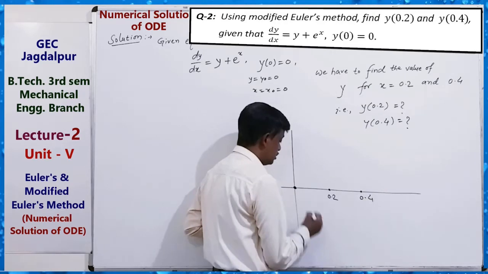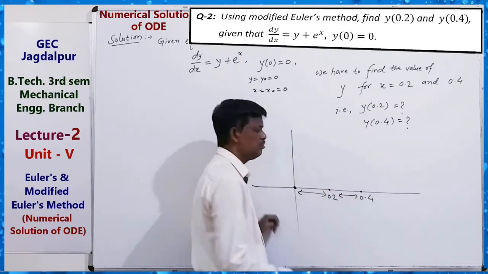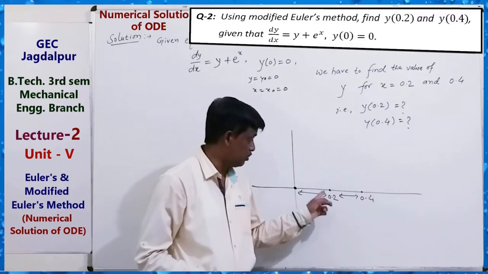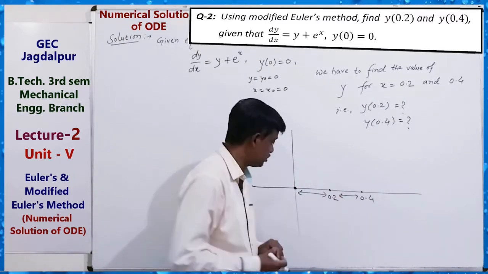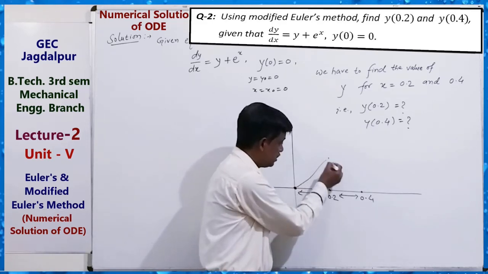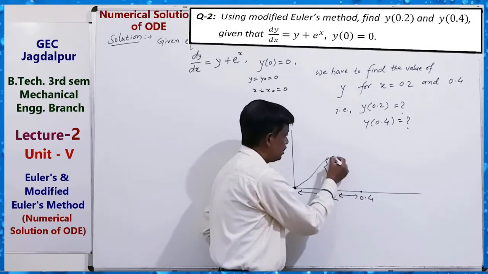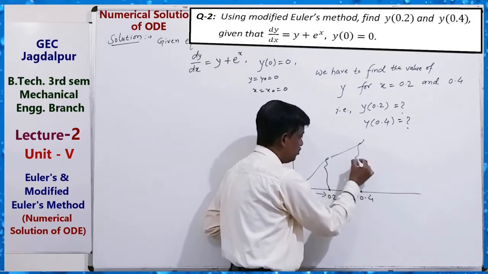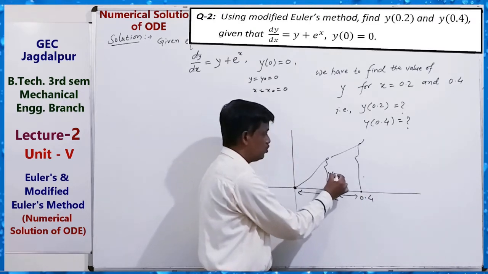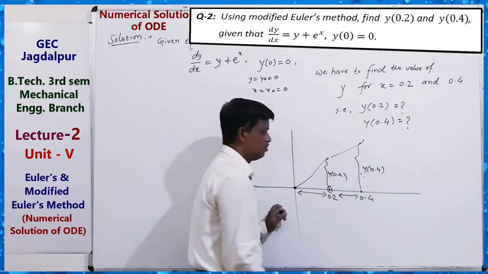Suppose like this. So this is one interval and this is one interval. In these two intervals we can approximate, because our targeted values are y(0.2) and y(0.4). The curve starts from here, and we have to find the value corresponding to y(0.2) and corresponding to y(0.4).